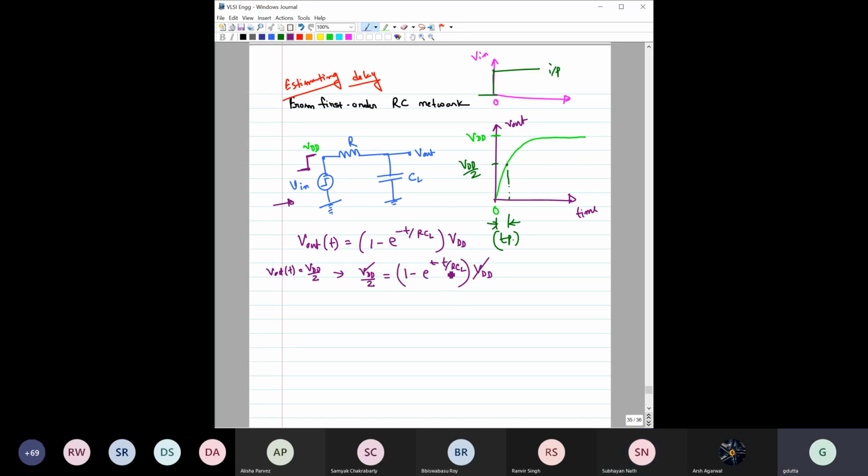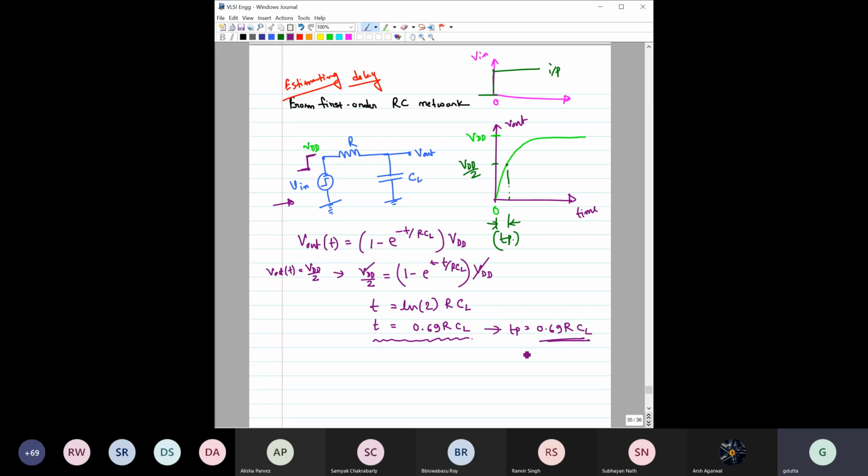Just do a little bit of simplification, and we have to find the value of t from here. If you calculate, it would come out as ln 2 times RCL. Then ln of 2 is basically 0.69, so here TP is equal to 0.69 RCL.